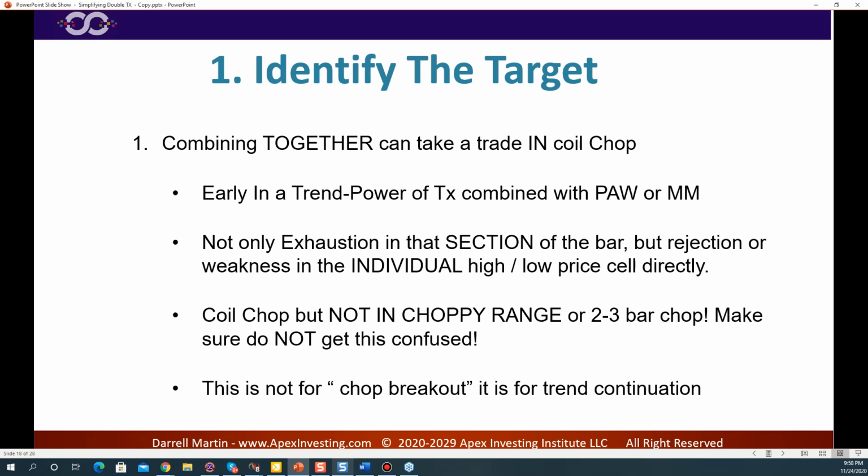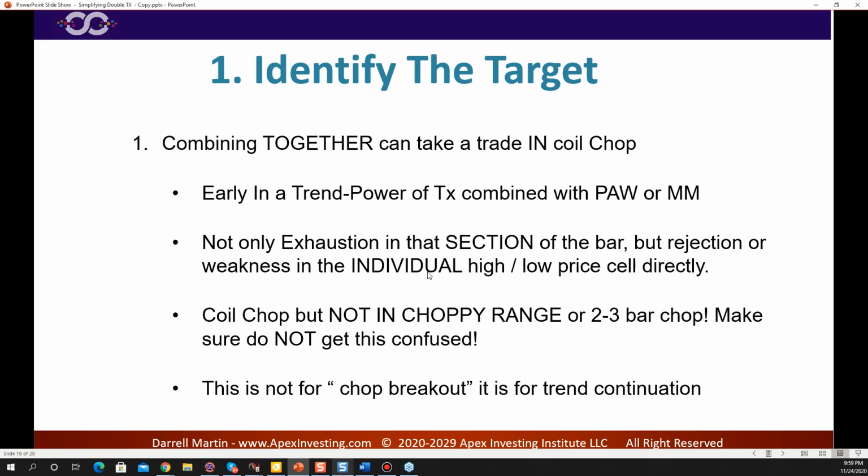So yes, when those things all combine, you can take a trade that's in coil chop, but not in choppy range. Do not confuse in your head saying it's okay to take coil chop if these other things line up. That does not mean in choppy range.